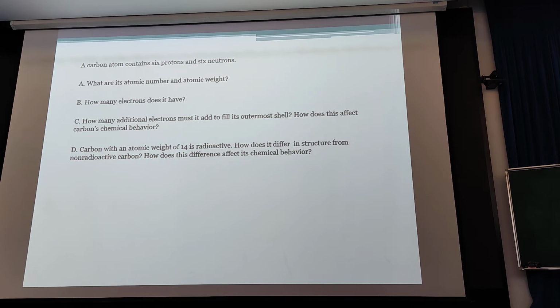They have 2 more neutrons, so the total atomic weight is 14 instead of 12, right? They have 8 neutrons instead of 6 like normal carbon-12. So how does this affect the chemical behavior?